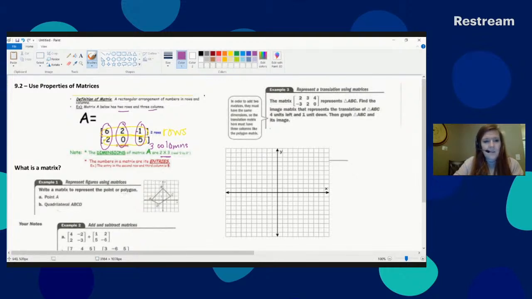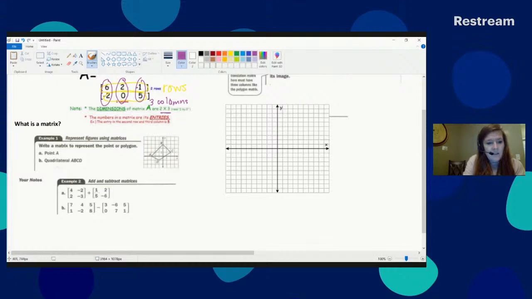Just to give you a feel, down here this matrix has two rows and two columns, so this is a 2 by 2 matrix. This is again 2 rows and 3 columns, a 2 by 3 matrix. We can have matrices that are much bigger than that as well, but those are probably the ones that we're going to deal with.